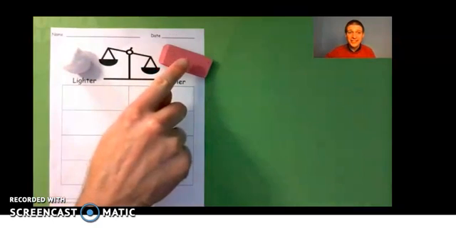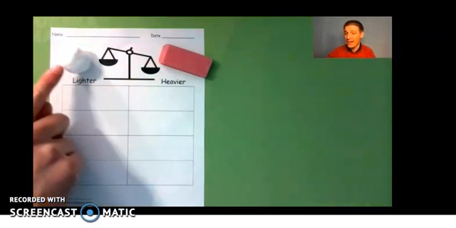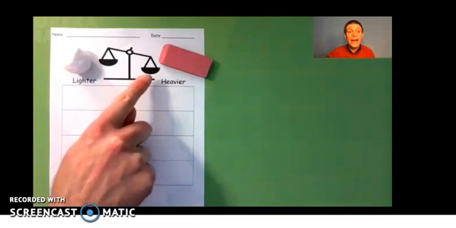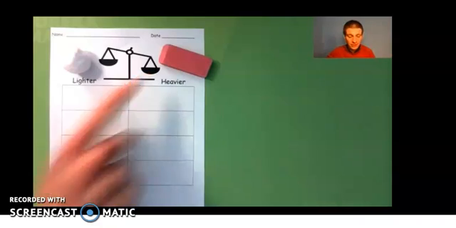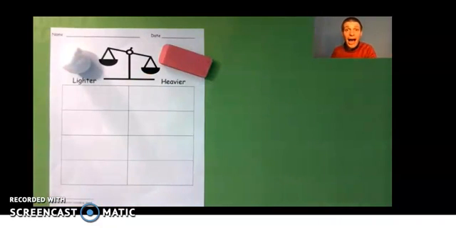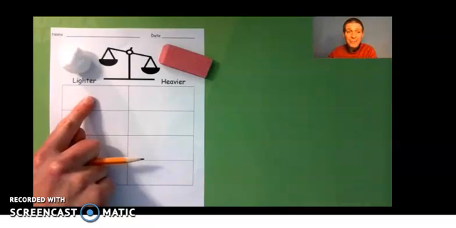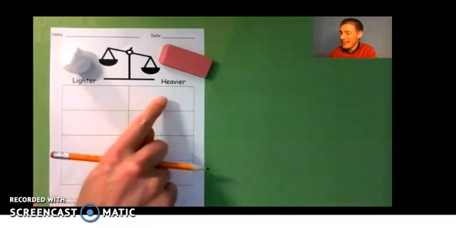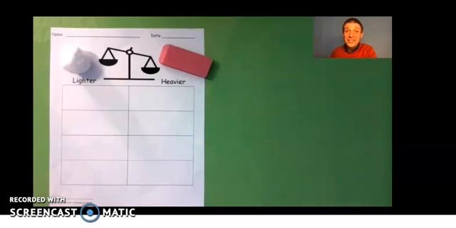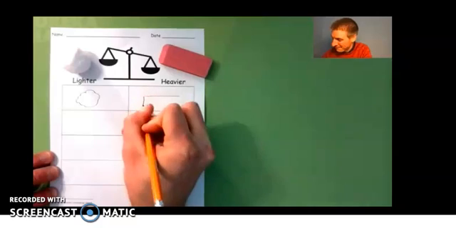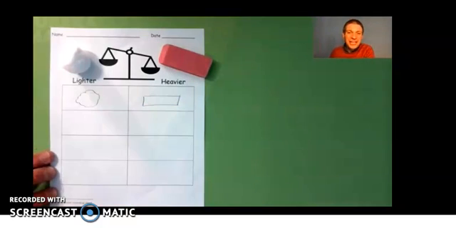The eraser is heavier than the cotton ball because the eraser weighed the balance scale down. Let's draw our objects in our table to show that the cotton ball is lighter than the eraser. I'll do it too. You can pause the video if you need more time to draw your cotton ball and eraser.